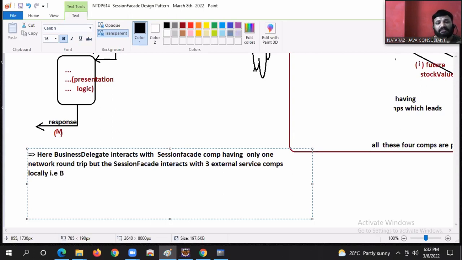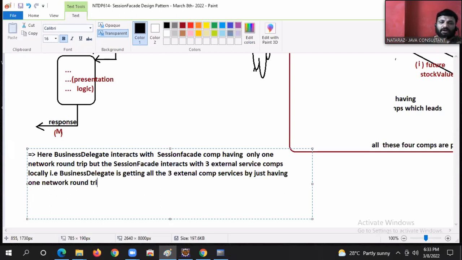That means the business delegate is getting all the 3 external component services by just having 1 network round trip with the SessionFacade component.